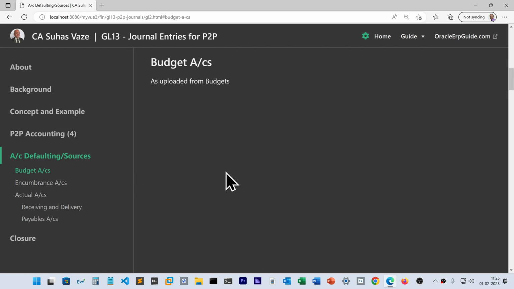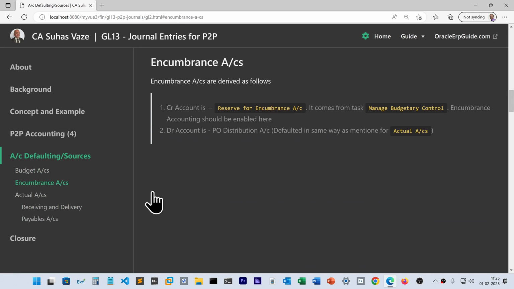Budget accounts are uploaded as budget amounts and budget journals are created. There is no question of defaulting and all that. For encumbrance accounts, the accounts are derived as follows. The reserve for encumbrance account is taken from manage budgetary control.